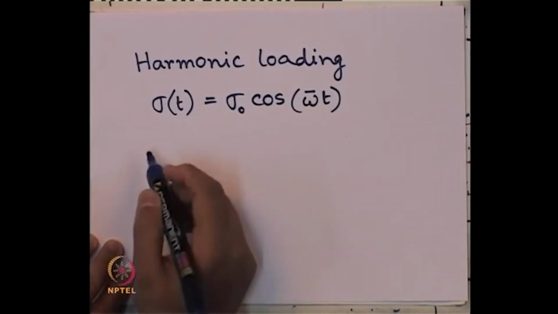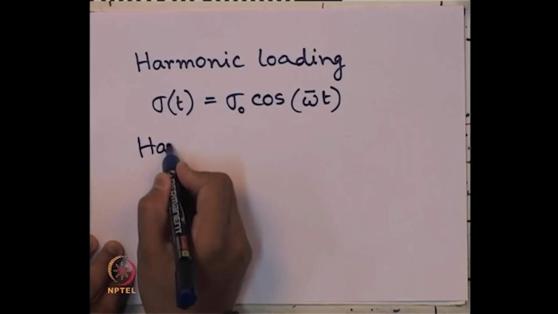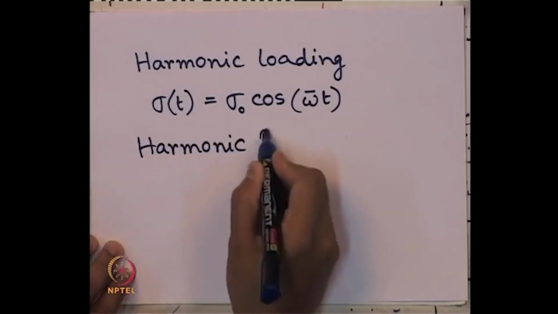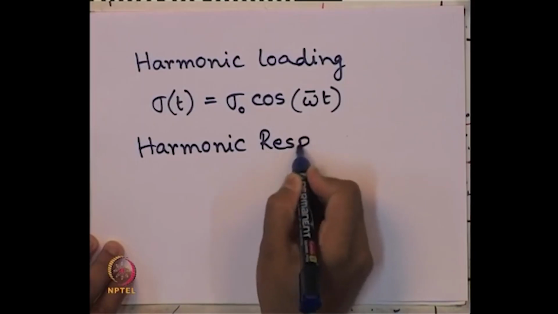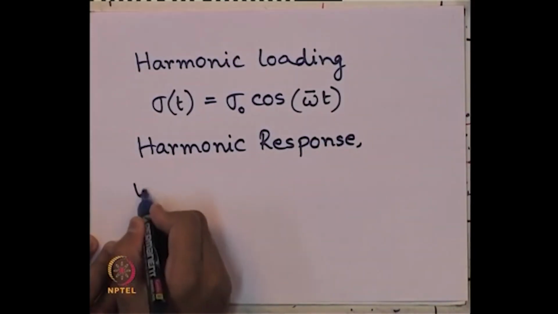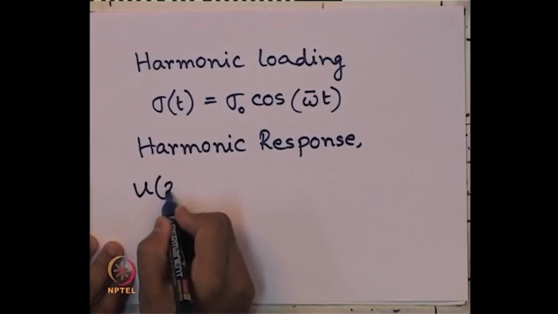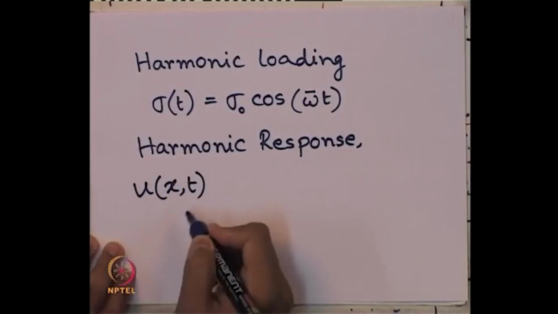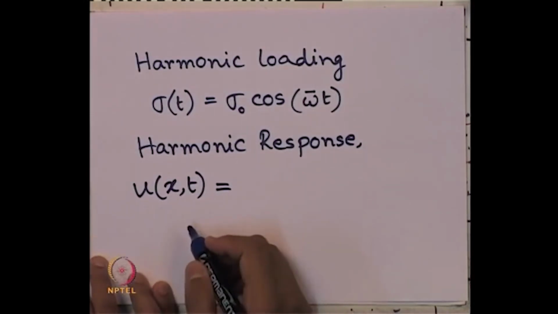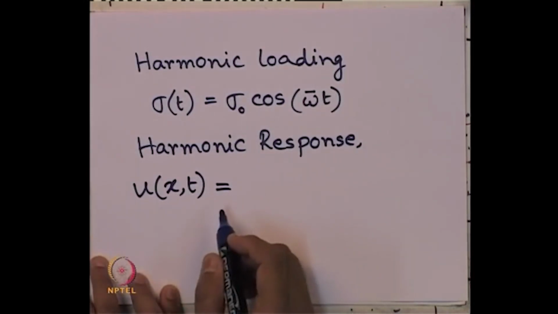In that case, the harmonic response can be represented as u of x, t, that is the solution which we have seen in the previous lecture. What will be the form of the solution?